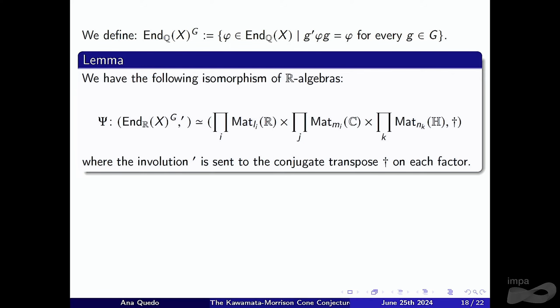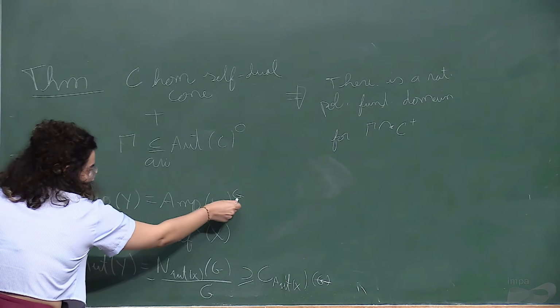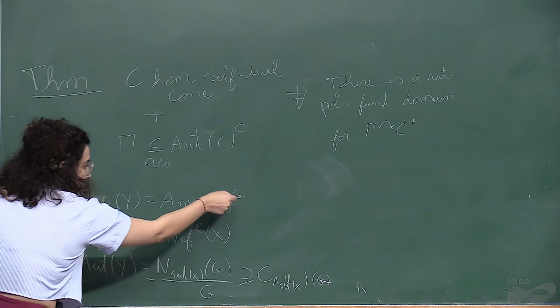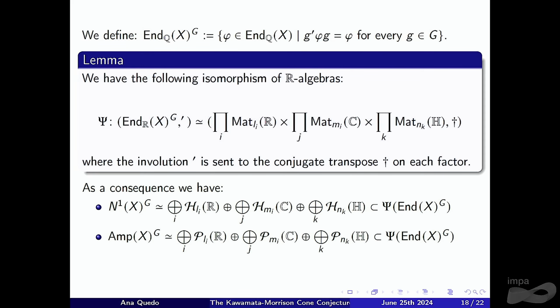And the same thing, I recall that we want to treat the case of an ample class fixed by G. And the same thing is true when we consider this. And so, as a consequence, we have these things.